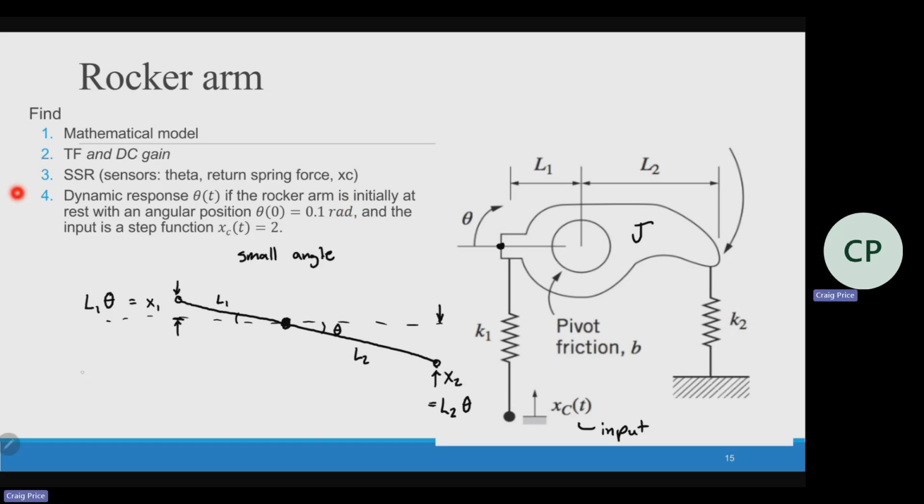But for this FK1, this spring has two ends that can move. So for K1, we need a delta. K2, we don't need one. It's fixed to a wall, so it'll just be seeing that L2 theta.